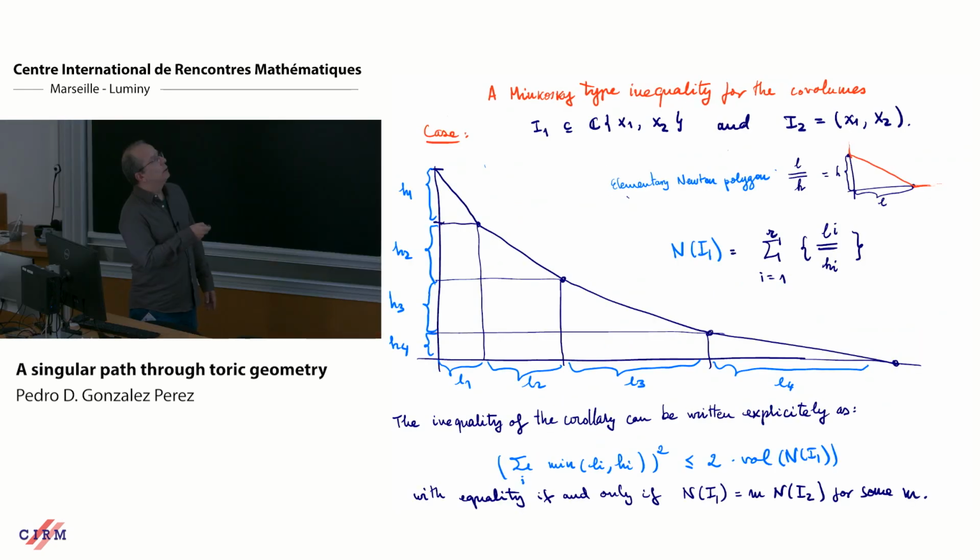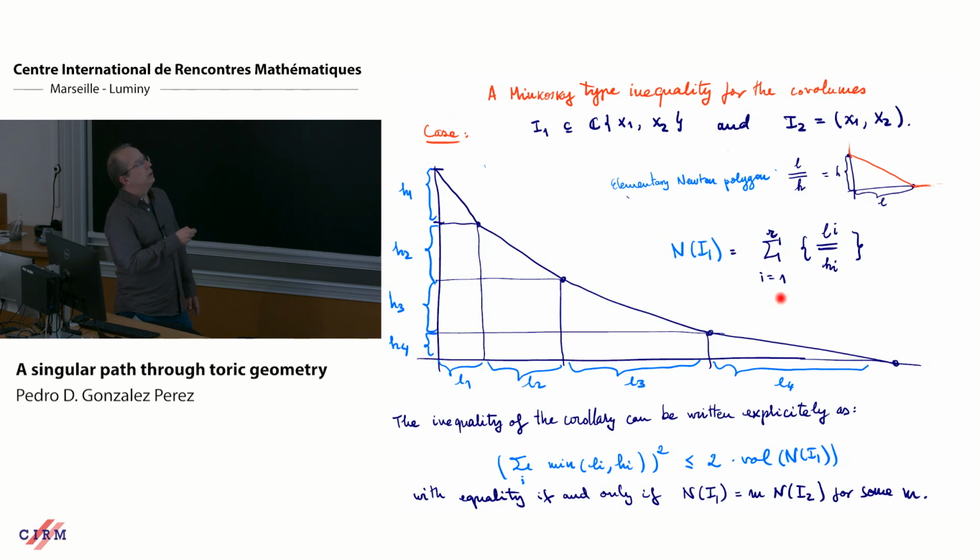Teissier also interpreted these inequalities when I take I2 the maximal ideal of the ring of power series, and I1 in C[[x1, x2]].